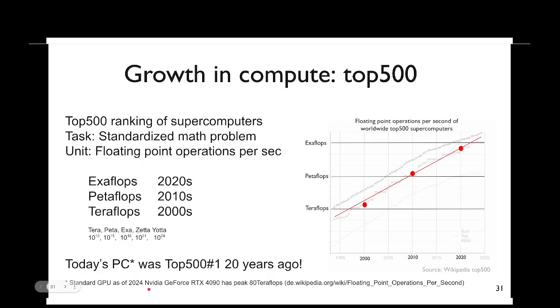If you look at what your NVIDIA GPU graphics card can do today, it's in the order of 80 teraflops. So what you have in your desktop or in your laptop today was basically the largest computer 20 years ago, and 20 years ago, the cost of what you have today was 150 million.